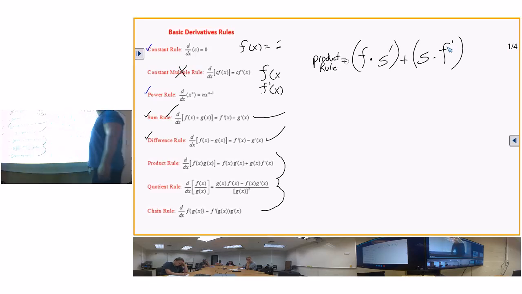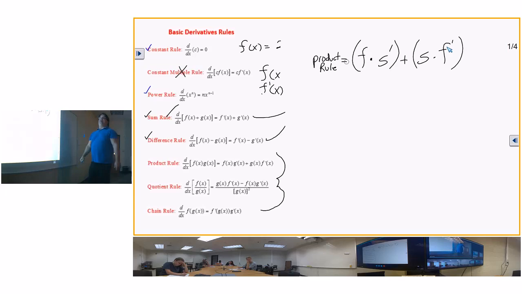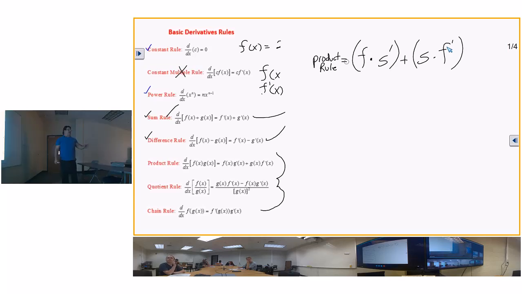Now, some of you may have heard other teachers do it that way. Okay, let me go back and re-say, I did not invent this. It's something that I used. Has anybody ever heard of first times the derivative of the second plus the second times the derivative of the first? Anybody? You're kidding me.